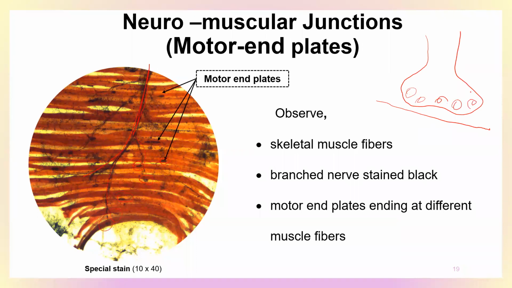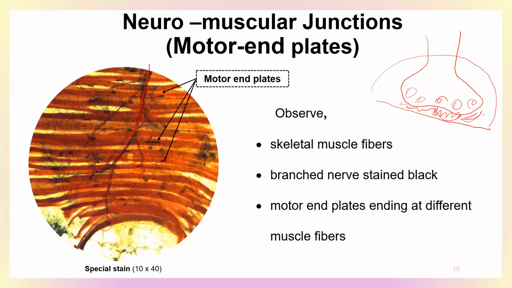Between the nerve and the muscle fiber there is a small gap, and the signal from the nerve to the muscle is traversed across that gap by chemicals. So this part is called a motor end plate.